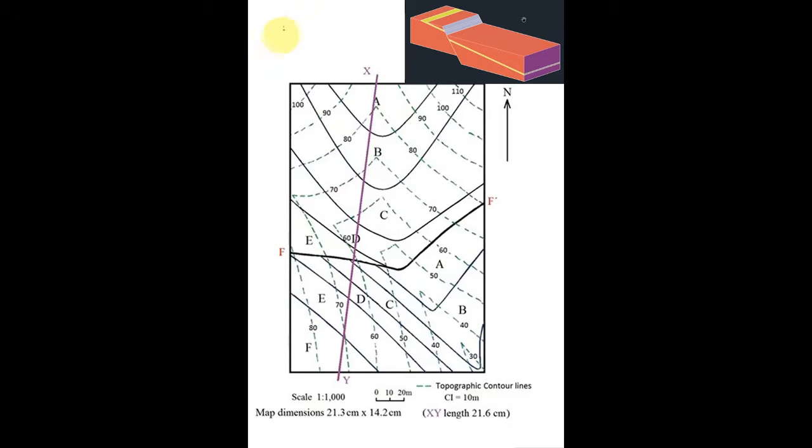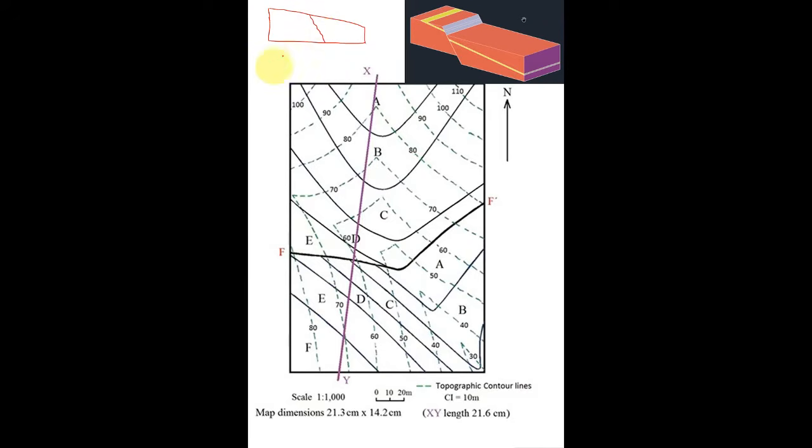Now the interesting thing is that, let us say I have a rock like this. Let me just draw it a little bit steeper. Let us see that faulting takes place this way.